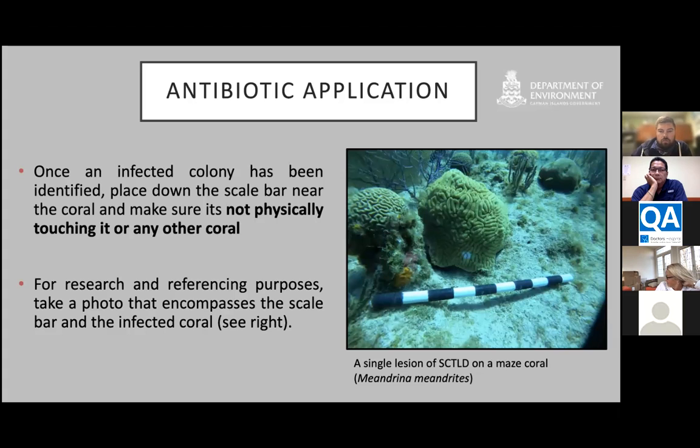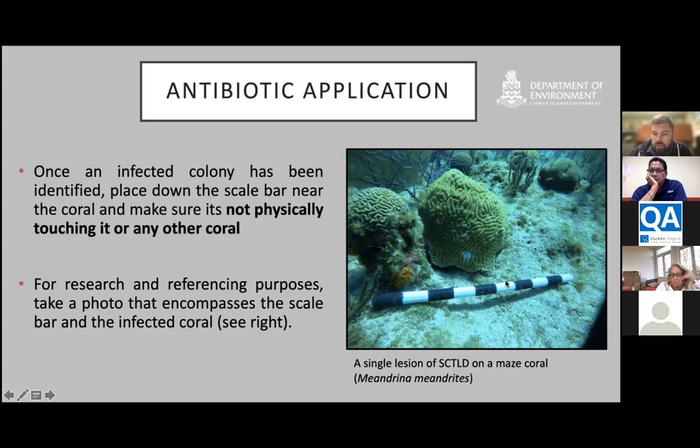Okay, so you've seen your infected colony that you want to treat. What do you do next? Well, first of all, you've identified it, so now you just want to put your scale bar down, which every person will have, and which is this object right here. This is just so we can get a picture of how big the actual coral is that you're treating. Make sure you're placing it on the ground, just in front of the coral.